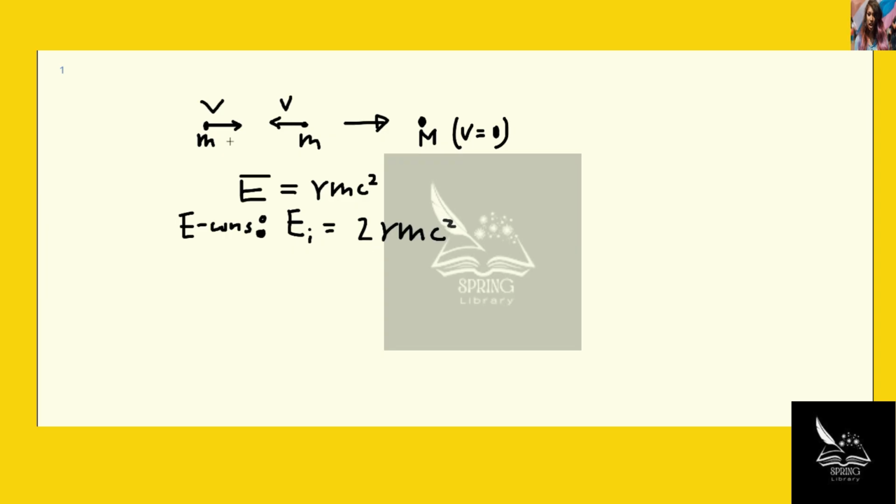Remember, they have the same velocity, just opposite directions, so same gamma and same masses. And so that will have to be your final energy, which is just big M c squared.